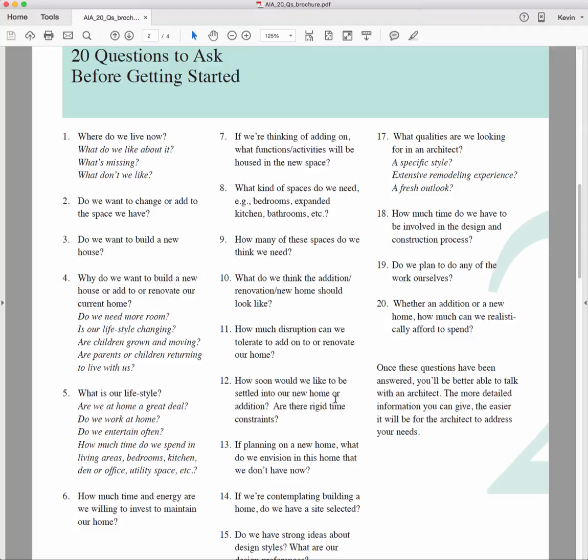How much time do we spend in each of the living areas? Okay. Well, you could come up with the corollary questions for whatever the potential information system is. How much time and energy are we willing to invest to maintain our home? Okay. Well, this is the same kind of thing.